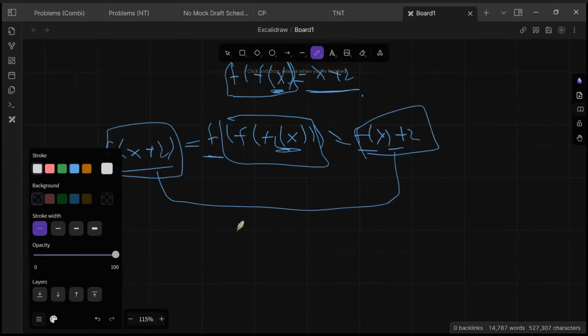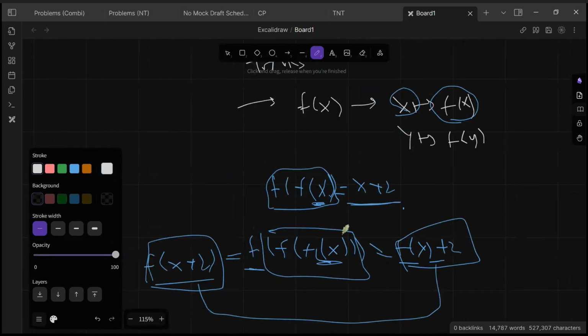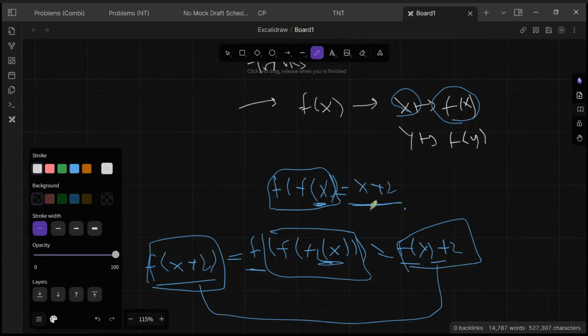But this might fail if the codomain is smaller than the domain. So if we cannot put in f of x, so if we have a function from, say, real positives to all reals, then it might fail. What do you mean by fail?